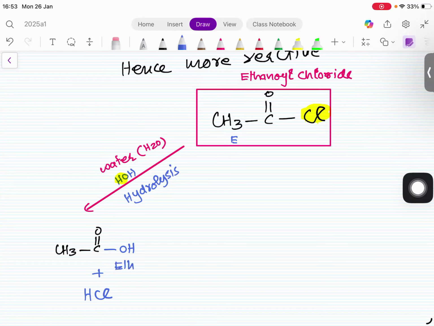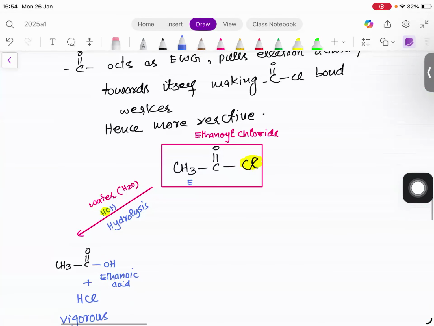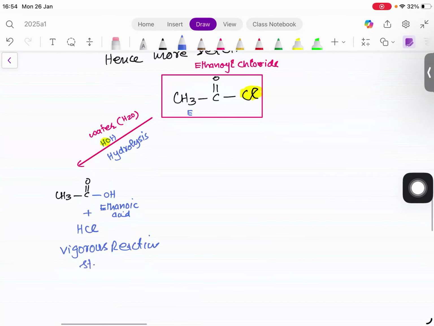What is this? Ethanoic acid. So it gives back ethanoic acid. And it's a very vigorous reaction. Steamy fumes of HCl. Okay?